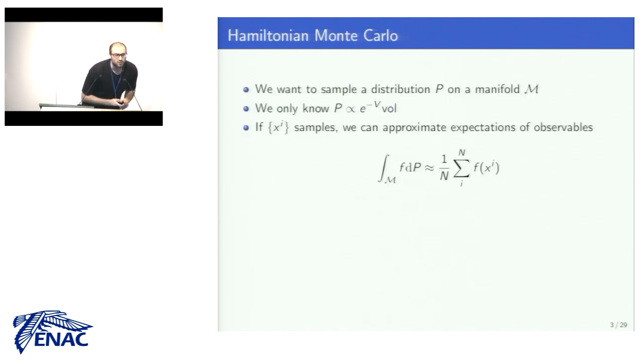So the goal of HMC is to sample some target distribution P over a manifold M. Sampling means we're going to approximate P by defining some chain X_i and replacing P by an empirical measure. For HMC, we need to assume that P has a density of the form e^{-V} with respect to a reference measure that I call vol here, which is usually the Riemannian volume form.